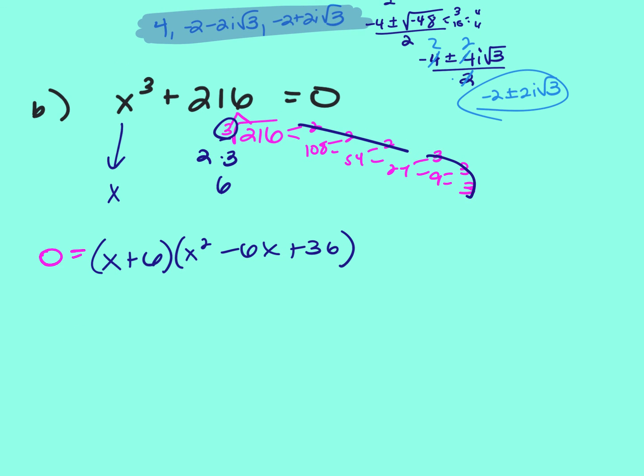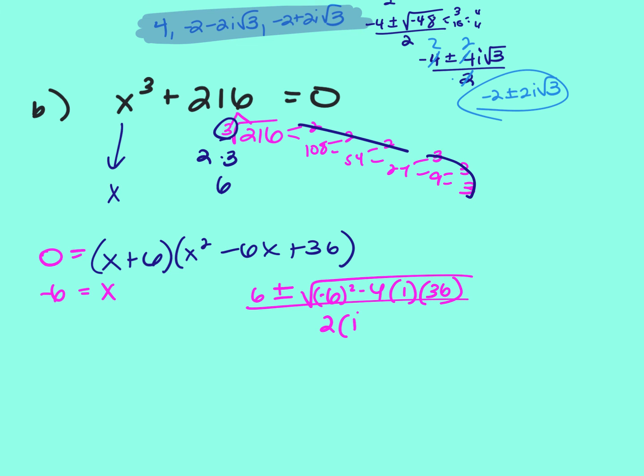So this set equal to 0. That's your negative 6. And then negative b would be a positive 6 plus and minus the square root of b squared minus 4 times a times c over 2 times a. 36 minus 4 times 36, negative 144.